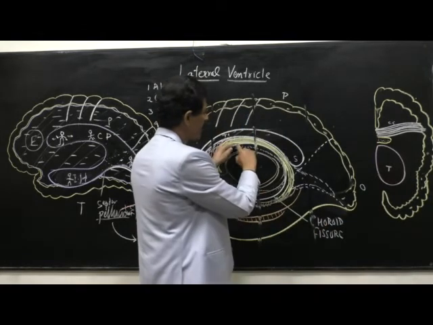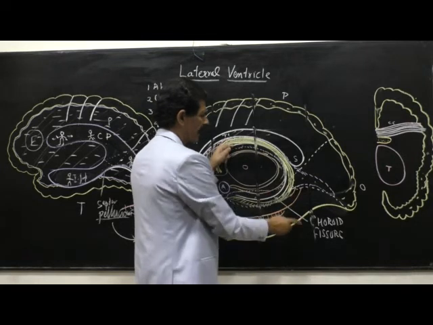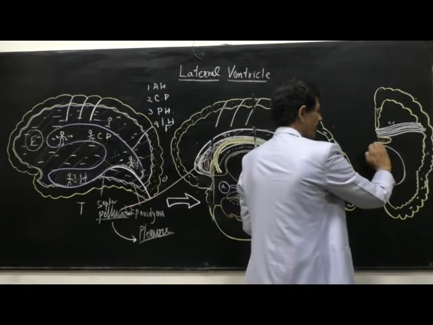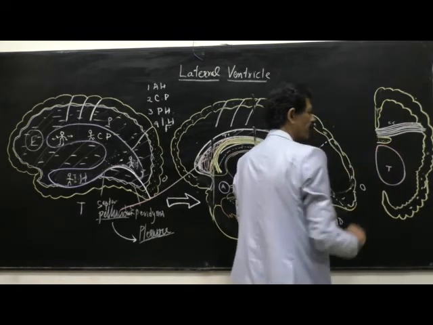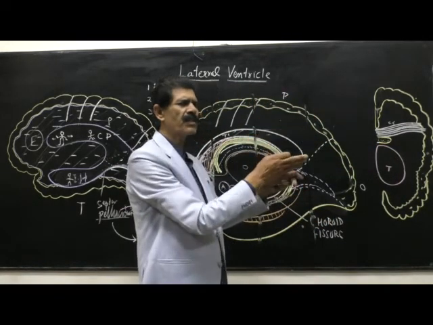So there is a gap between the fornix and the dorsal surface, the superior surface, of the thalamus, and this gap is called the choroid fissure. So this is the gap between the fornix and the thalamus, and the pia mater covers the medial surface of the cerebrum.